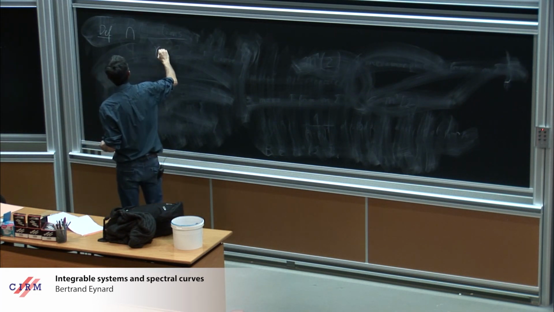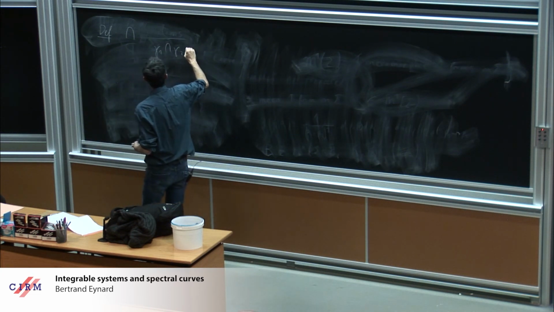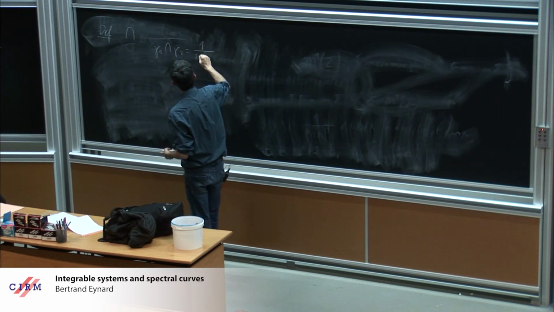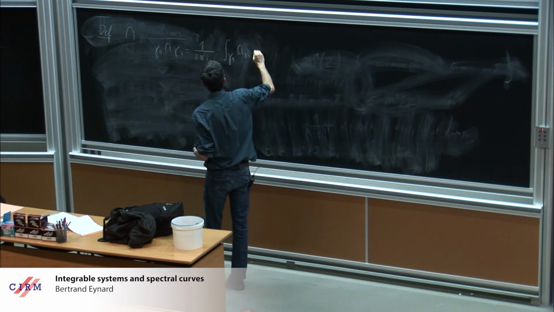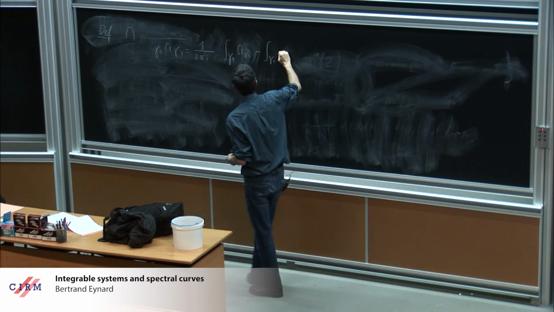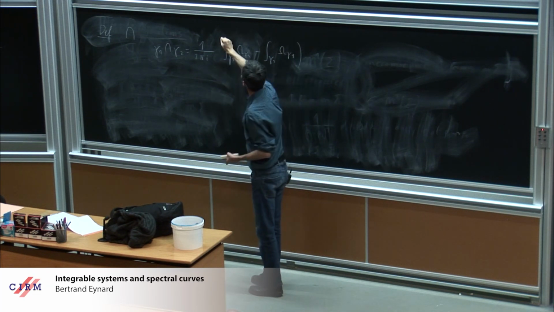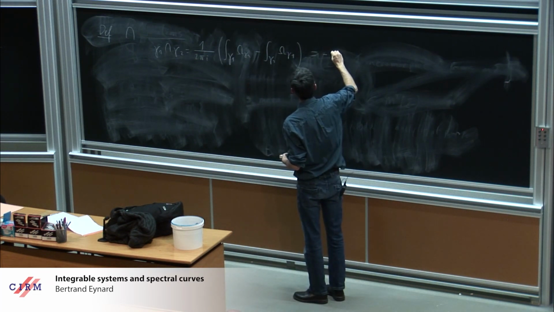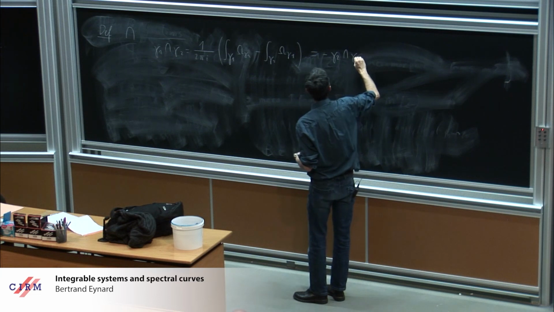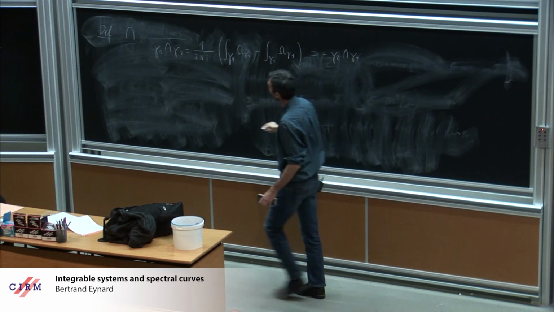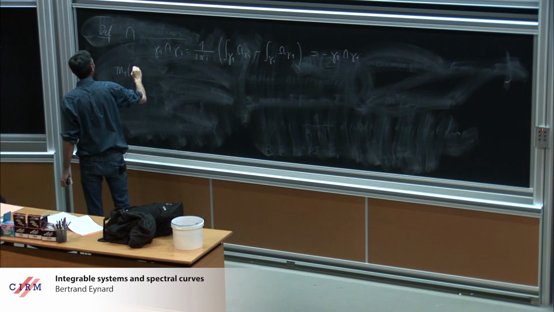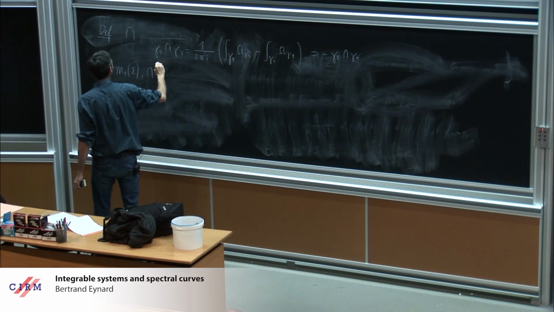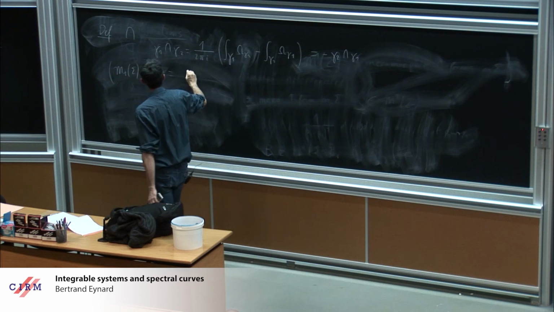Gamma 1 inter gamma 2 will be defined as 1 over 2 pi i times the integral over gamma 1 of omega gamma 2 minus the integral over gamma 2 of omega gamma 1, which is minus gamma 2 inter gamma 1. And M1 of sigma together with that intersection is a symplectic space.